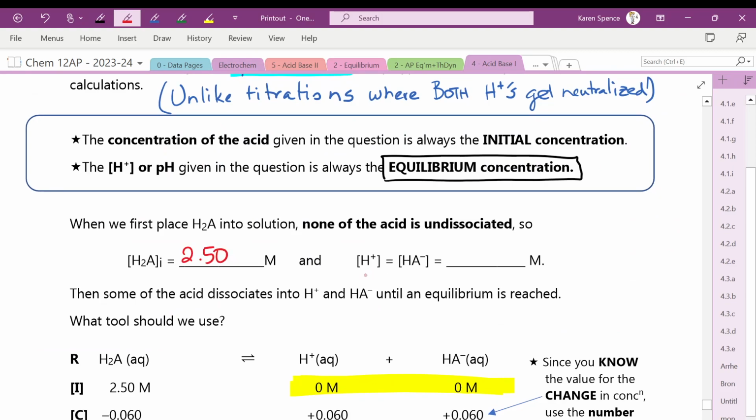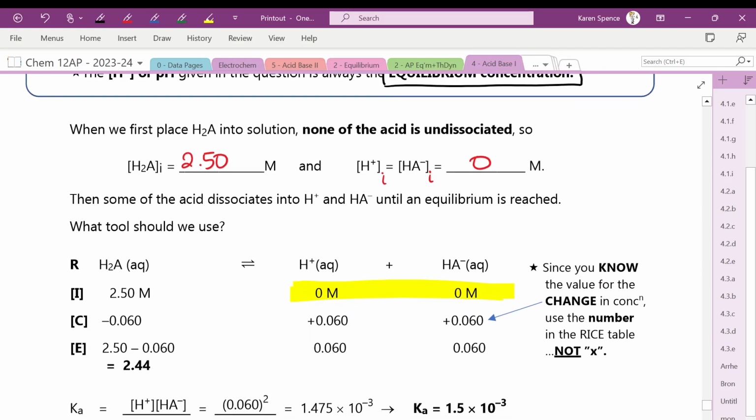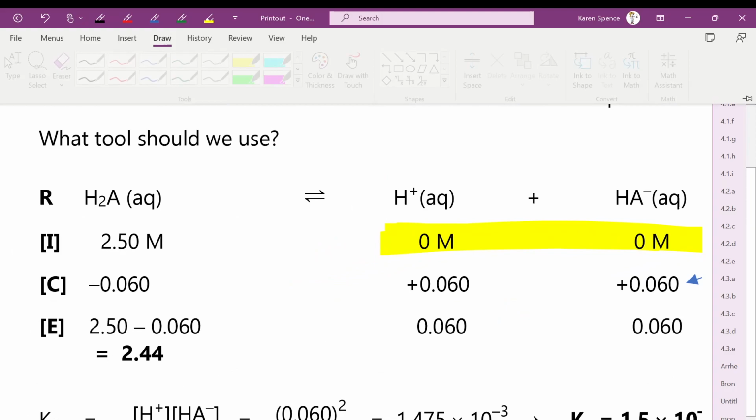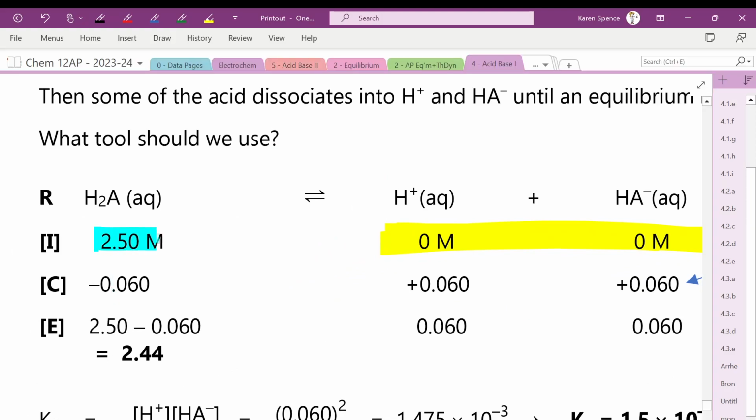And the hydrogen and HA initial is equal to 0 molar. So we can plug in our 2.50. And we are given our equilibrium concentration of H plus, and we know that these two are initially 0.